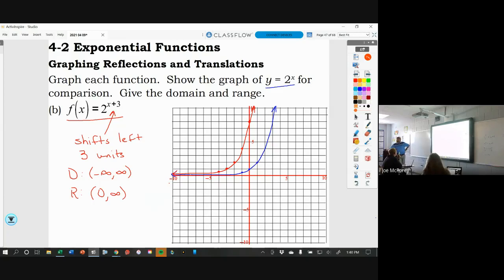So they're like parallel lines? No. Parallel lines are always the same distance apart. The red and blue graph are not the same distance apart.